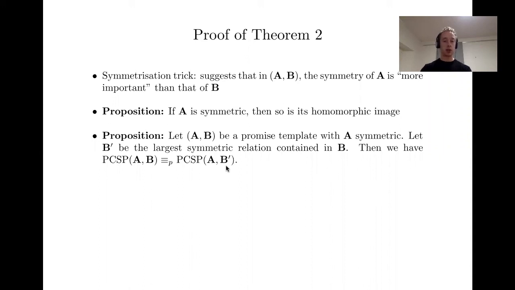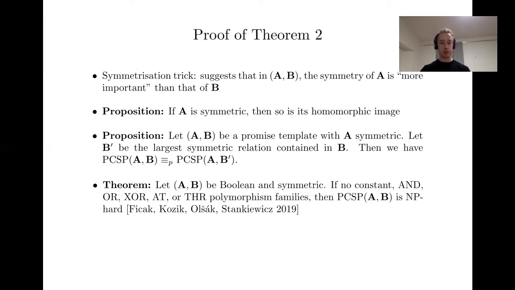This is useful in our problem because the template A is equal to T and K, which is symmetric, and the template B is equal to NAE minus S, which is not necessarily symmetric. However, this tells us that we can ignore the non-symmetry of the second template and replace it with a symmetric template. We can then apply the following result, which is the symmetric Boolean dichotomy for PCSPs.